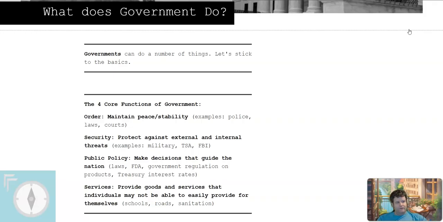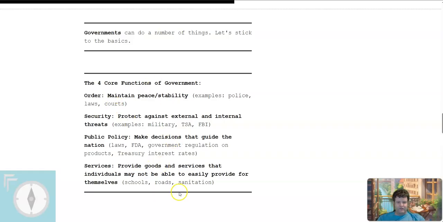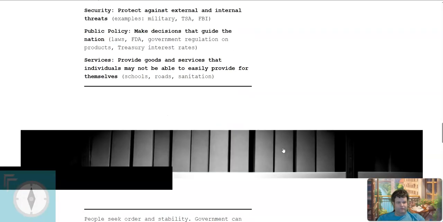Postal services are also another one. The ability to communicate with people throughout a society in an organized way is often an important one as well. Governments will expand into other things, and how much any government handles these 4 things may vary quite a bit, but these are the 4 core things that governments address in some way, shape, or form, or fail to address.